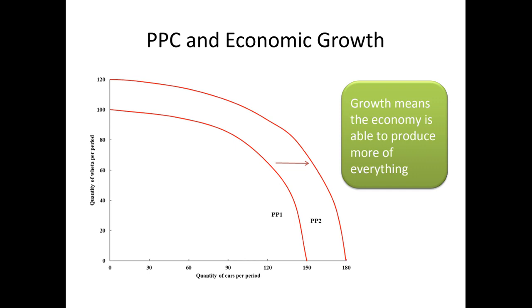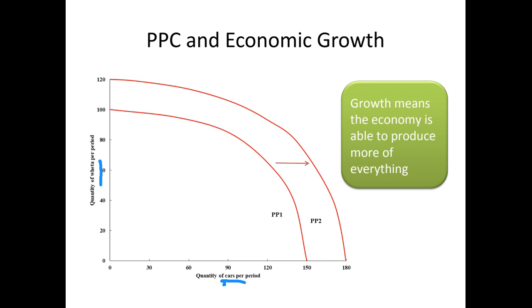So this country, over the years, is able to produce more cars and more wheat. There's something wrong with the spelling, but this is wheat and this is cars. So the country is producing both cars and wheat over a longer period of time.